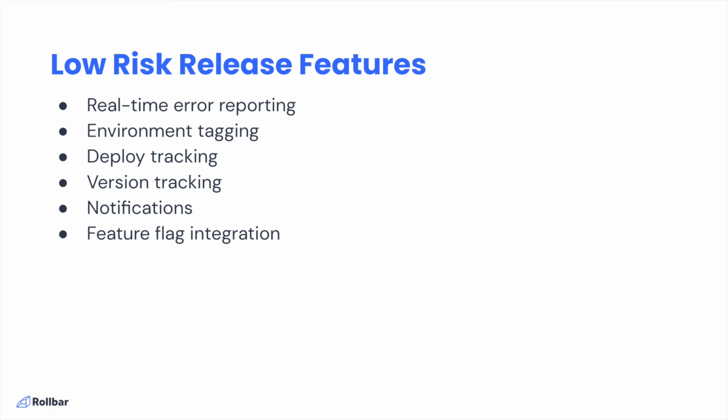They track the new revisions of code that we do see being deployed and any errors that are introduced with those new versions of code. Then we'll also talk about notifications. Those power a number of different tools, things like messaging systems and PagerDuty, as well as also powering the final feature listed here, the feature flag integration.